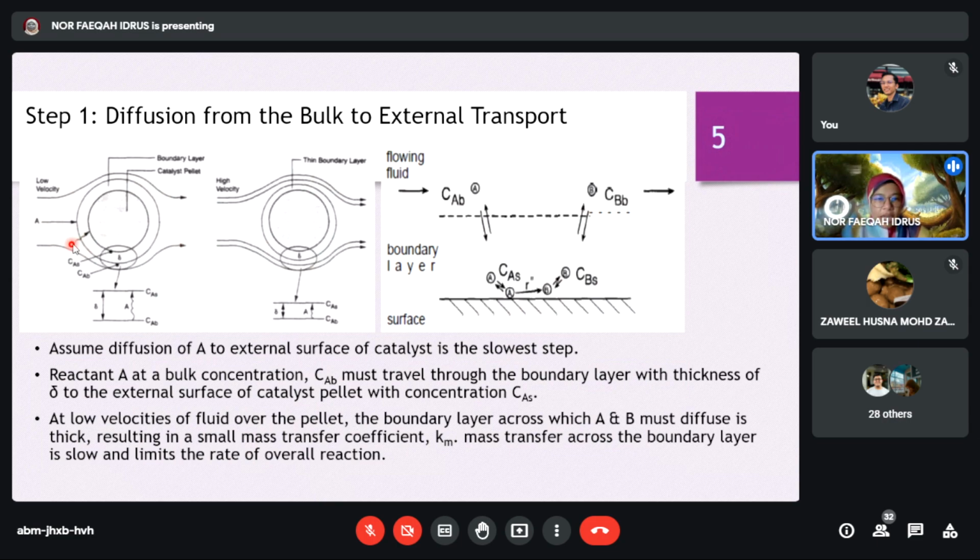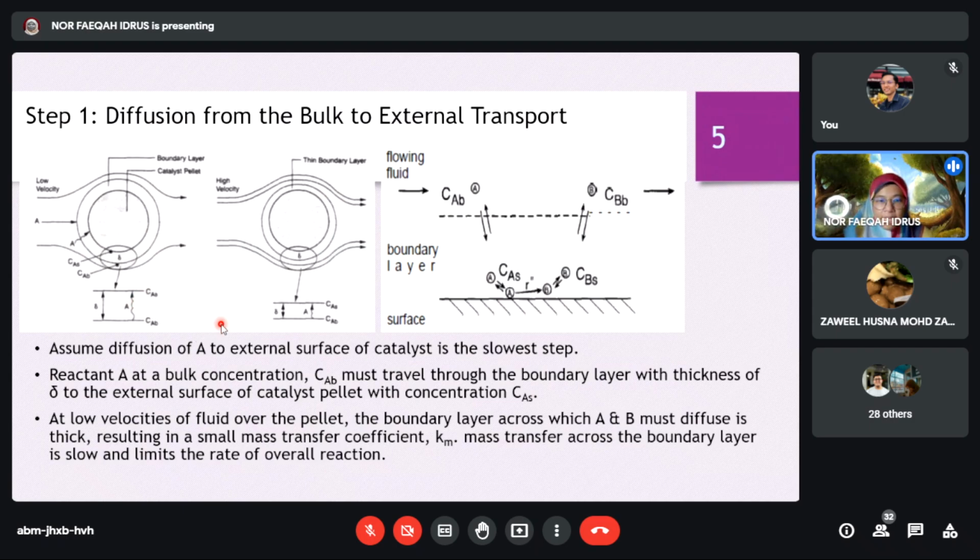In between the bulk fluid and external surface of catalyst, there is a boundary layer. Boundary layer with thickness of delta. So delta here is the thickness of the boundary layer, the boundary between the bulk fluid and the external surface of catalyst.